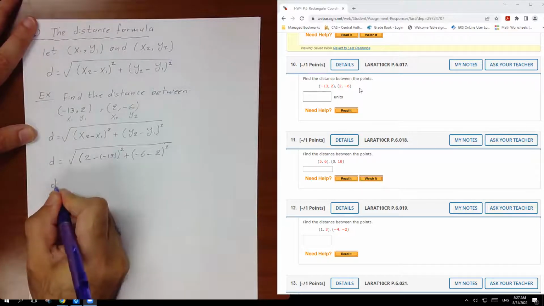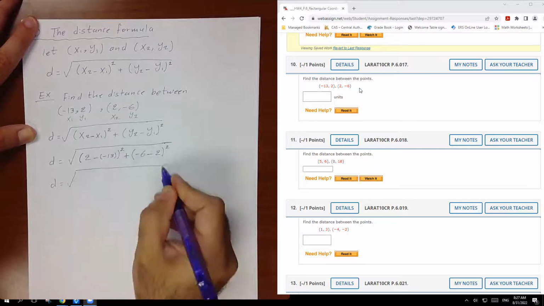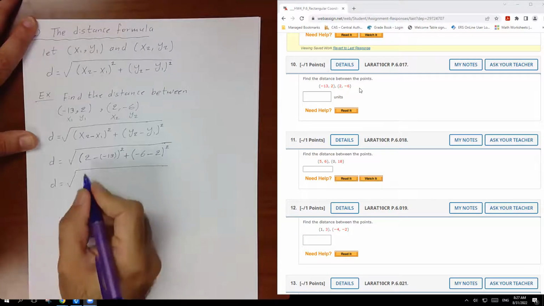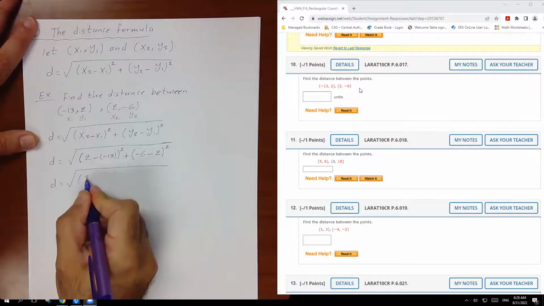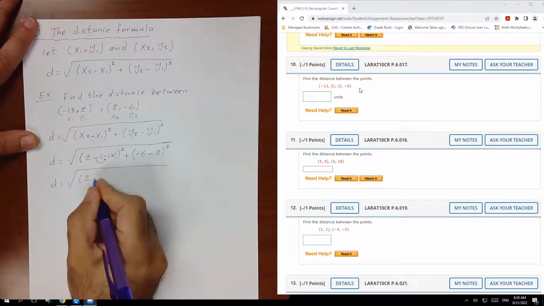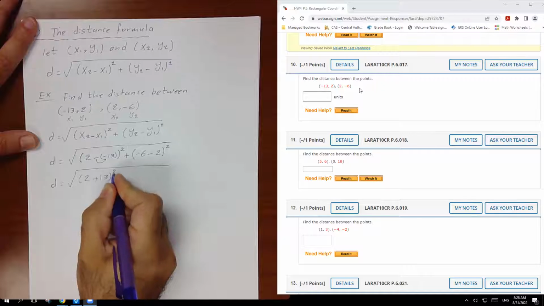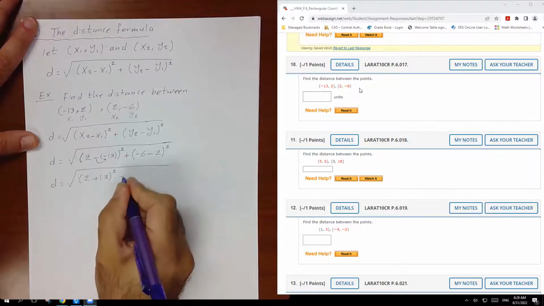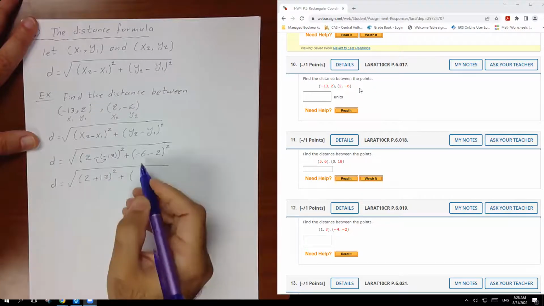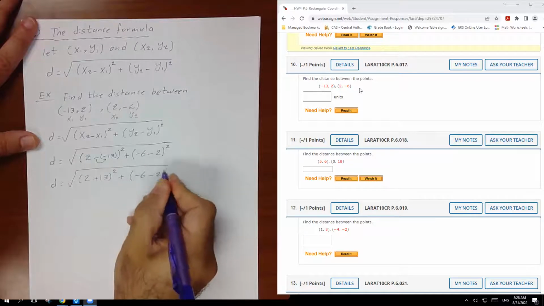That means the distance is going to be, I'm doing this in detail, and I want you to do the same thing. Here is the 2. Negative times negative is going to be positive, so plus 13 squared, plus negative 6 minus 2.